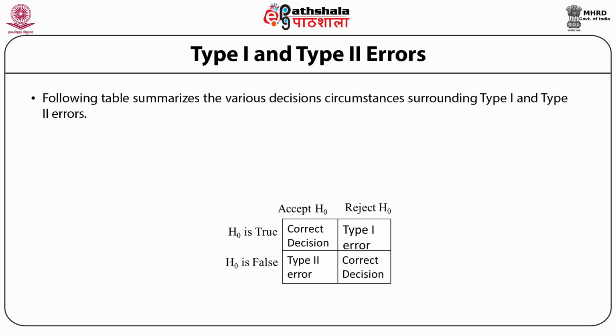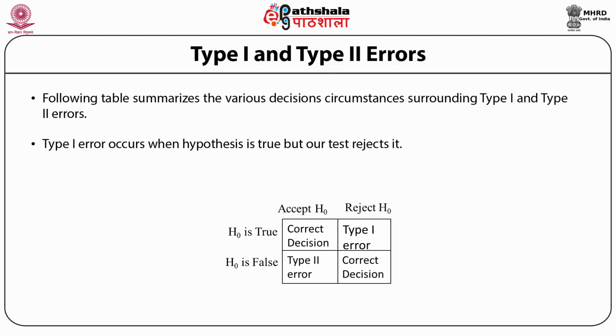The third quadrant reads: when the null hypothesis is false, when it should not have been accepted, we are accepting it. It means that we are committing a type 2 error. But when the null hypothesis was false and you are rejecting it, it means that you are taking a correct decision.